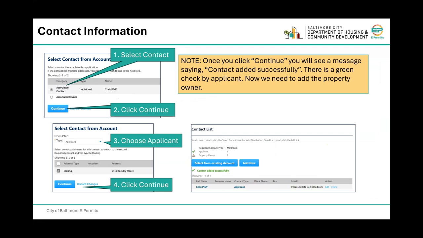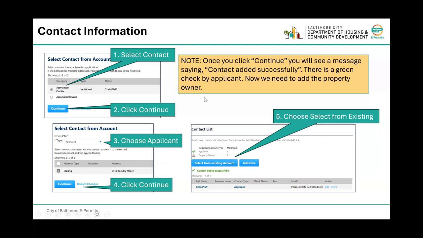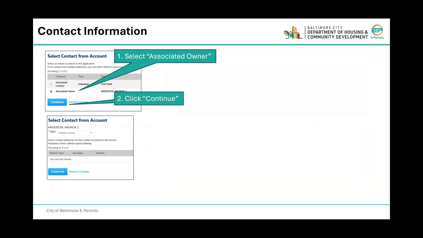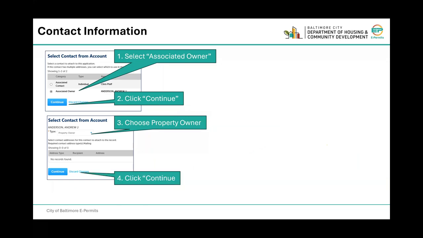Now you need to add the property owner. Choose Select from Existing. Select Associated Owner. Click Continue. Choose Property Owner. Click Continue.